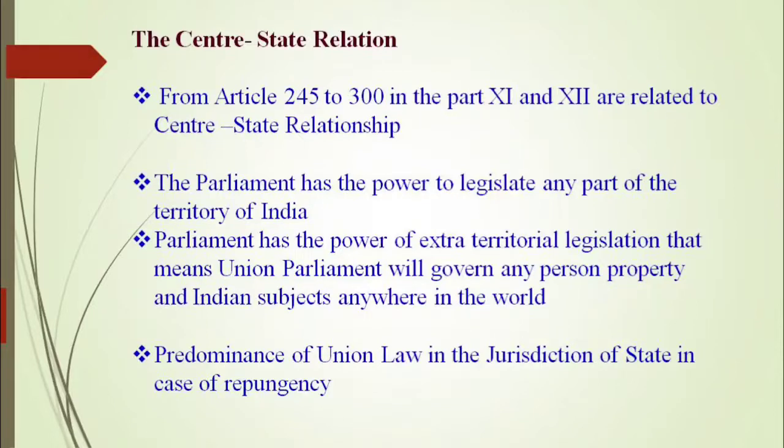Parliament has the power of extraterritorial legislation. That means Union Parliament will govern any person, property and Indian subjects anywhere in the world. Predominance of Union law in the jurisdiction of state in case of repugnancy.